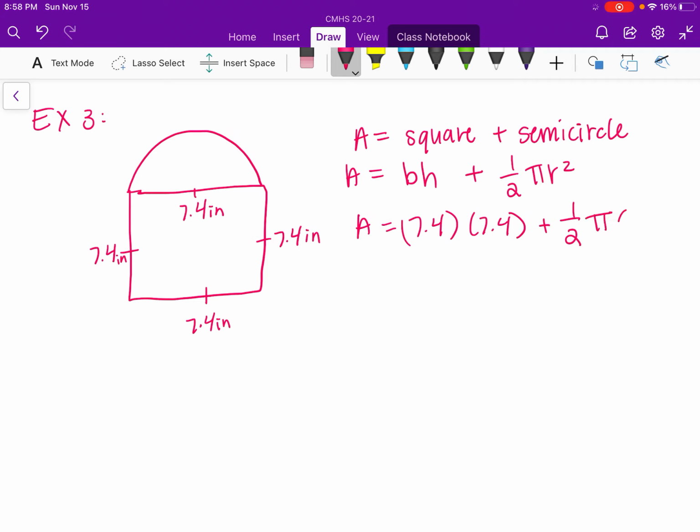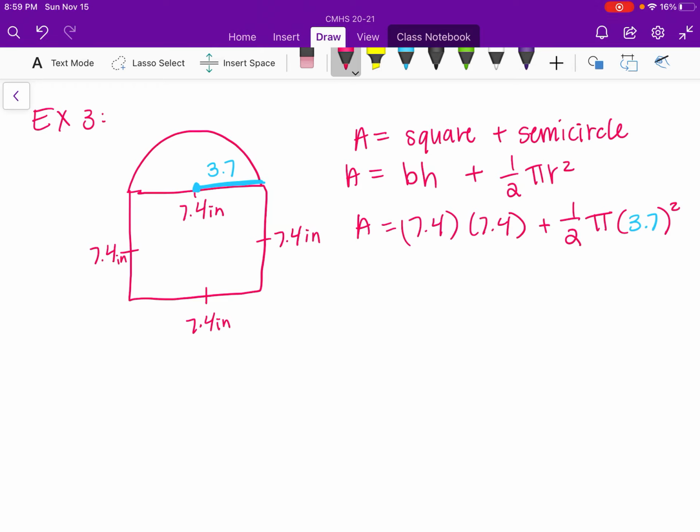Plus 1/2 pi times r squared. All right, remember, the 7.4 is the diameter of this. We just want from the middle out. So what we're going to do is chop 7.4 right in half. And 7.4 in half is actually 3.7. So the radius is 3.7.